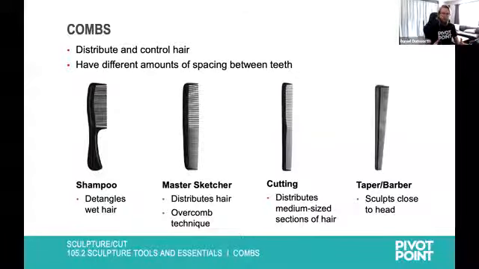Don't work with a comb that has no teeth. It's not going to benefit you. It leaves gaps that allow more hair to come through and less tension to be controlled. Combs are not expensive. I encourage you to invest in them appropriately so you have the right comb with the right number of teeth to get the job done.